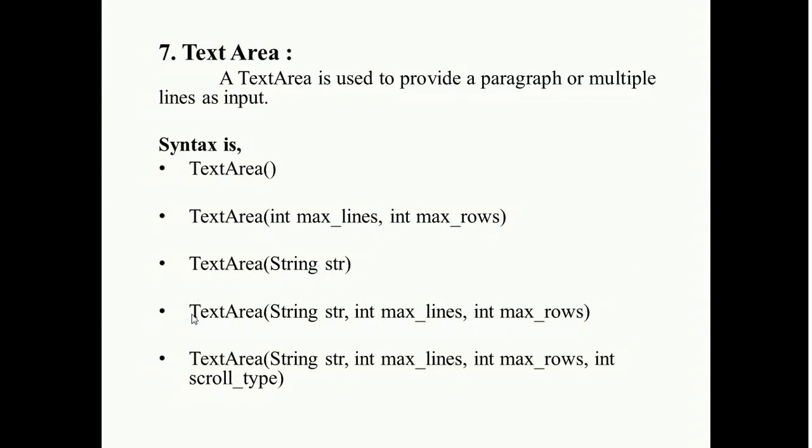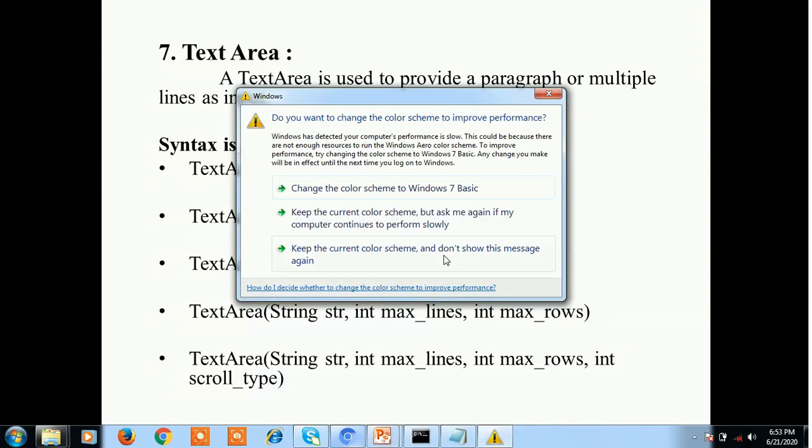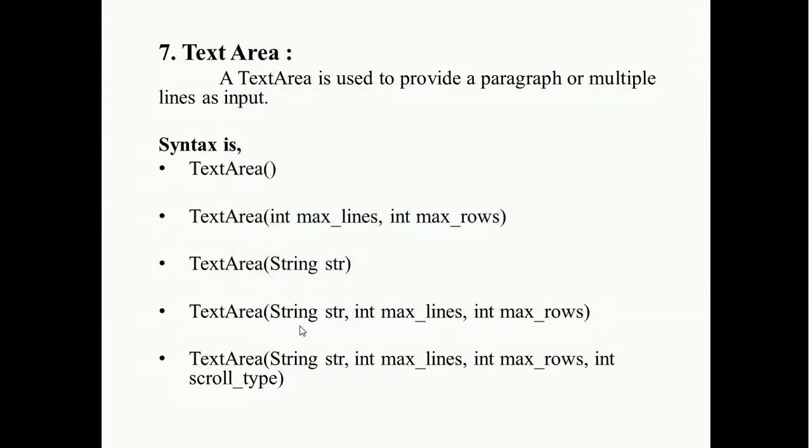The fourth constructor has three parameters: first string str, second int max line, and third int max row. This constructor specifies the initial string, then int max line, the maximum number of lines, and int max row, the maximum number of characters in each line.